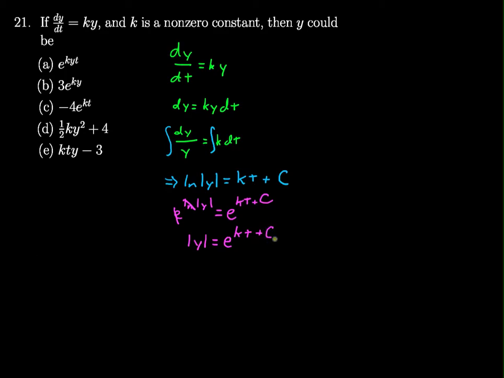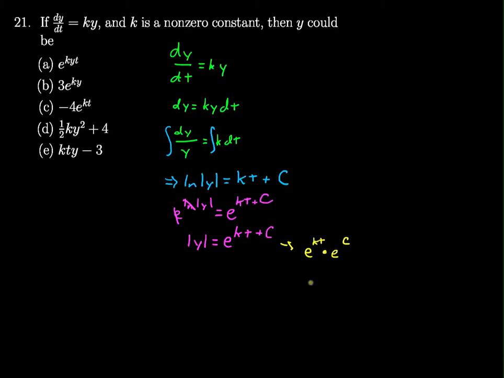We actually like to write it a little differently when we solve this, and let's take care of that right now by remembering that e to the kt plus c, the sum of two numbers in the exponent here, is just going to be equal to e to the kt times e to the c. If you don't remember that, when you multiply two exponent expressions, you add their exponents when the bases are the same.